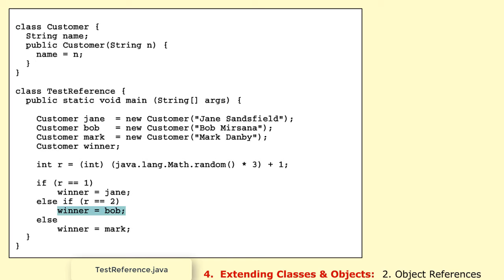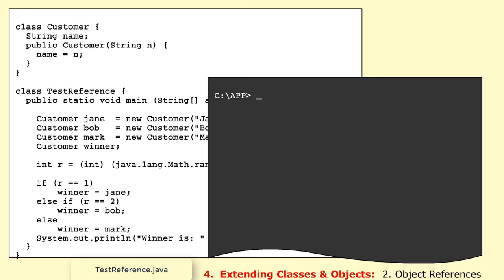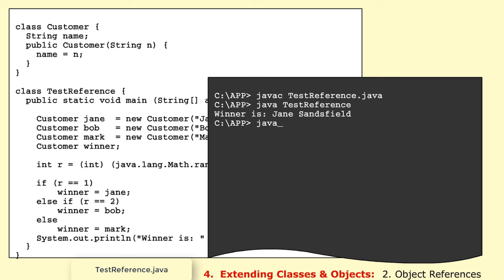For example, this statement sets winner to Bob, so the reference variable winner is now pointing to the same object as reference variable Bob. We now use winner to print the winning customer's name. Let's compile and run. Let's run it again to see another winner.